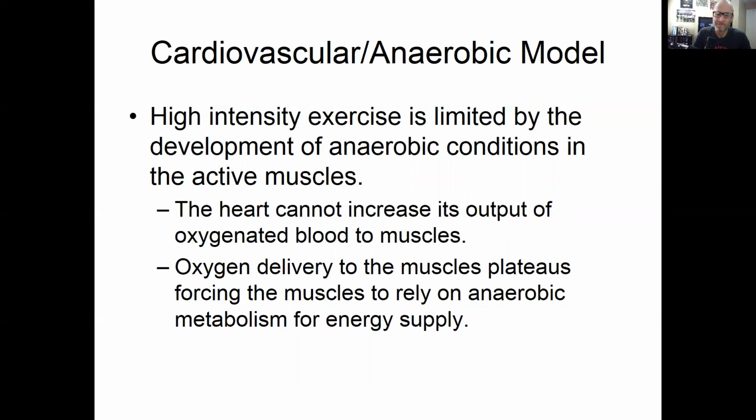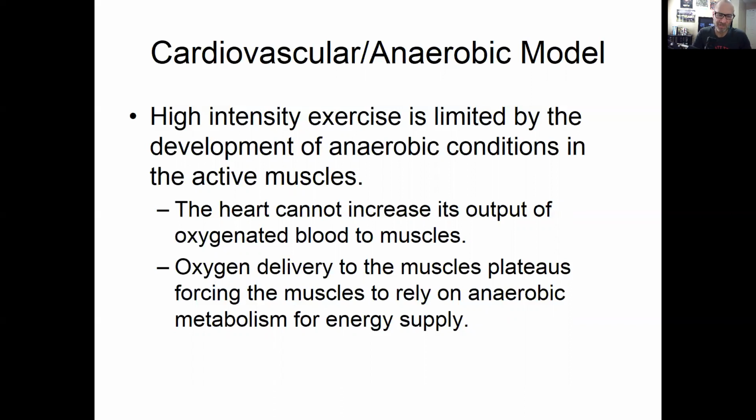So these are situations that have to exist in order for the cardiovascular anaerobic model to be accurate, meaning that high intensity exercise is limited by the development of anaerobic conditions. Those anaerobic conditions exist because the heart cannot increase its output, its cardiac output, to deliver oxygenated blood to the muscles.